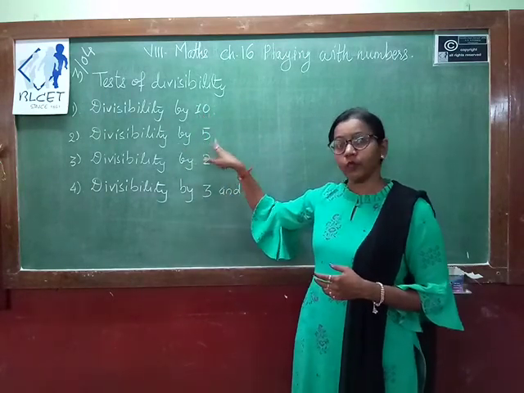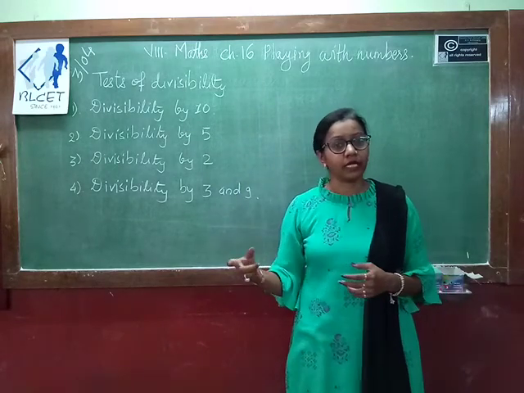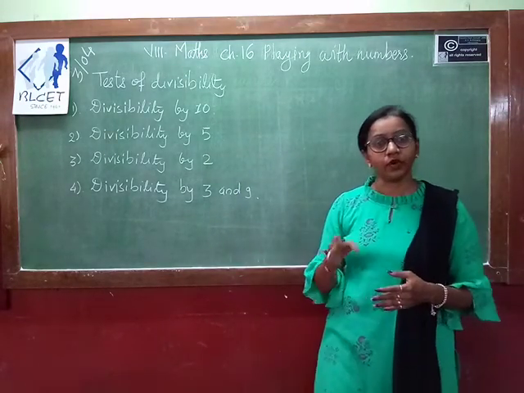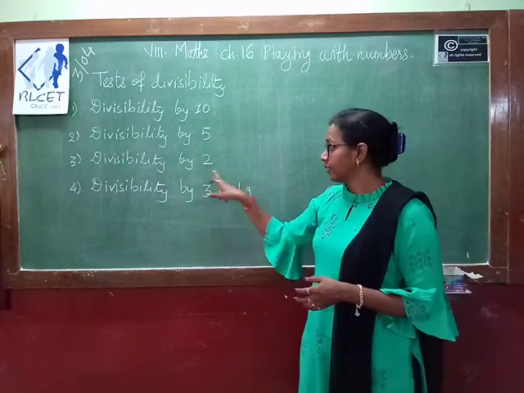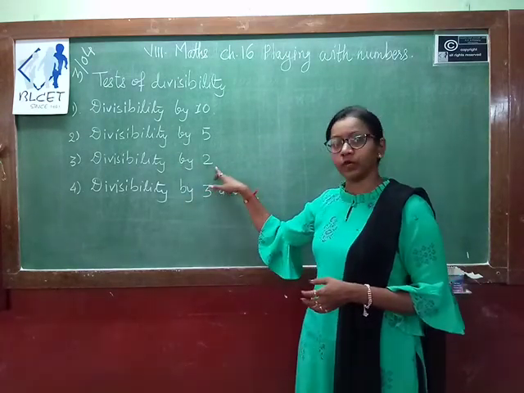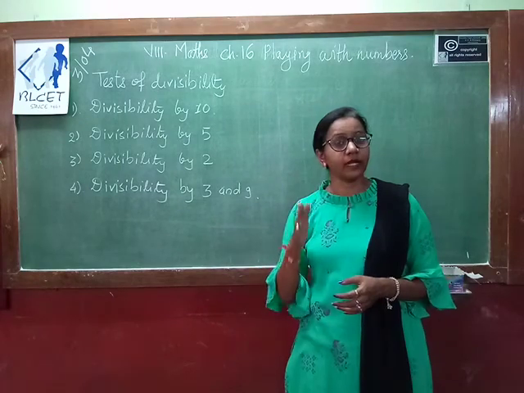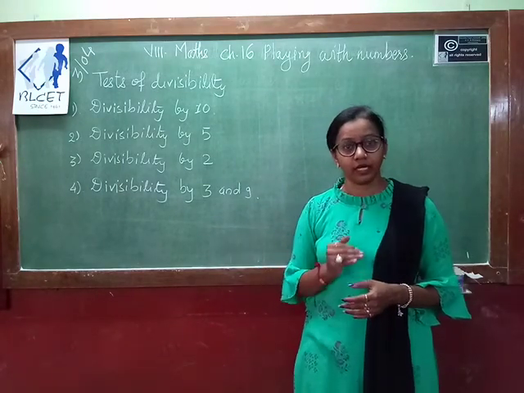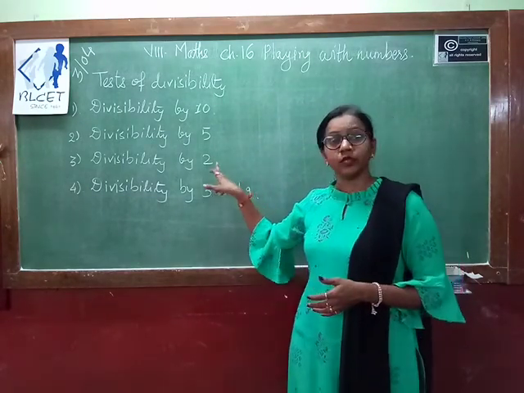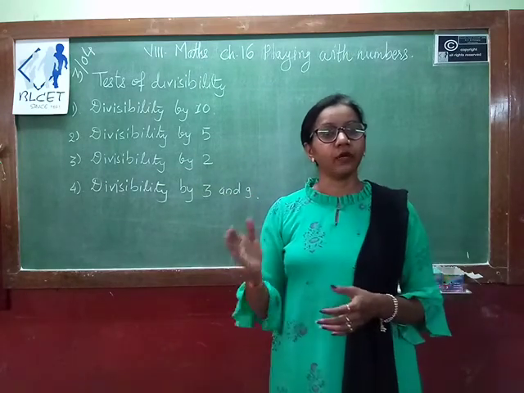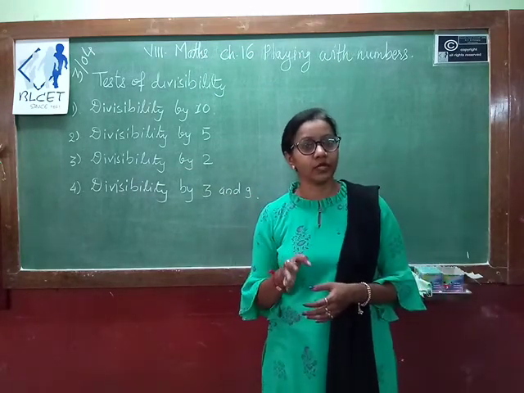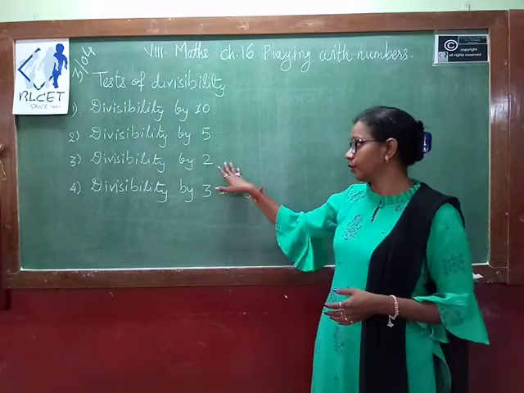Divisibility by 5: when the ones place of the given number is either 0 or 5, then that number is divisible by 5. Next, divisibility by 2: if the ones place of a given number is 2, 4, 6, 8 or 0, then only that number is divisible by 2.